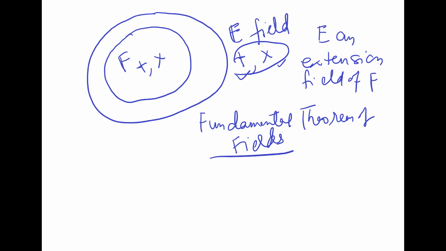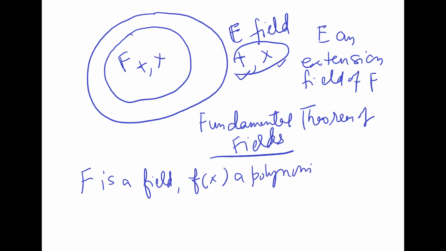Say F is a field, and f(x) is a polynomial over this field, and f(x) is not a constant, or let's say the degree is greater than or equal to 1.